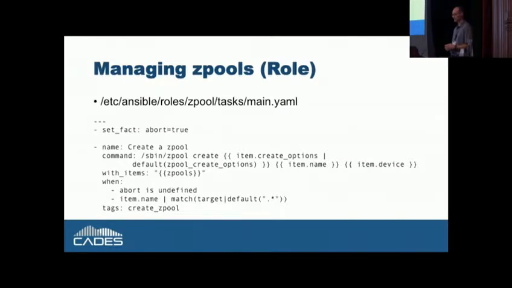It basically says only do this when abort is undefined, which means you had to jump straight to this play by specifying a tag, and also make sure that if you specified a target on the command line, only do it if your item is going to match that target. And then I throw in a tag, the create zpool tag, which is how you specify this.